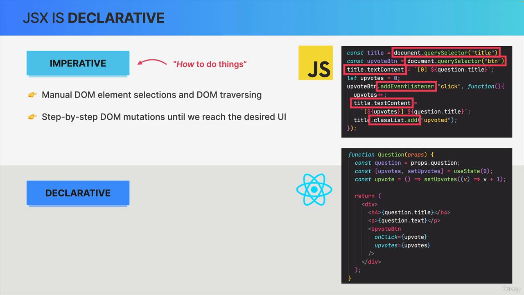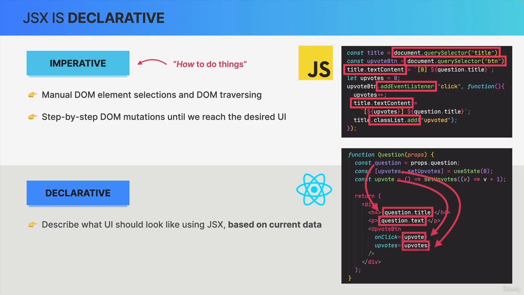So a declarative approach is to simply describe what the UI should look like at all times, always based on the current data that's in the component. And we will soon learn that this data is props and state. And so again, basically we use JSX to describe the UI based on props and state. So the data that's currently in the component.